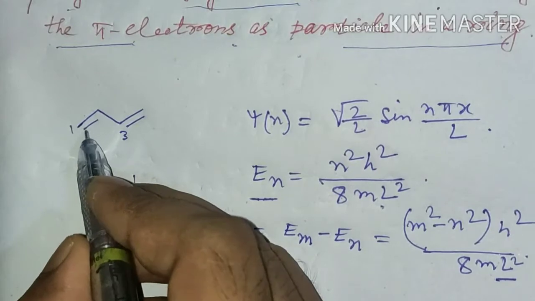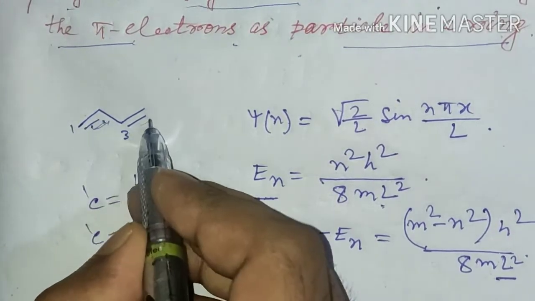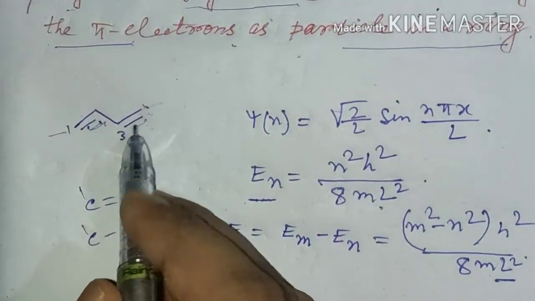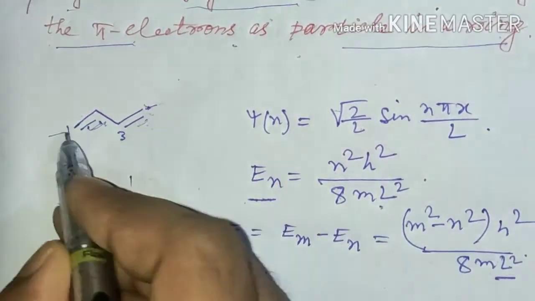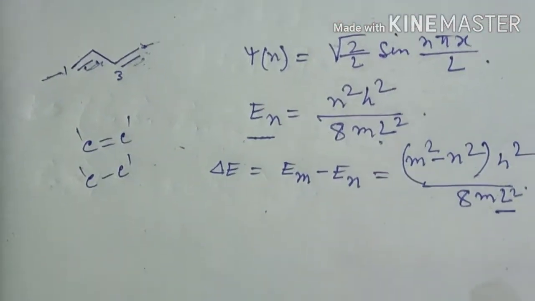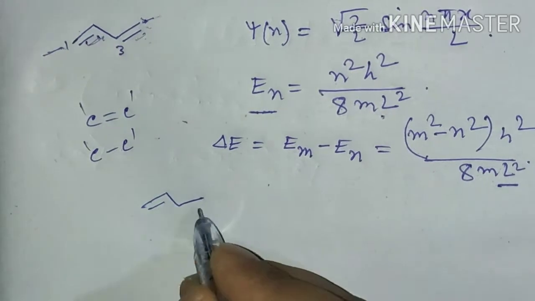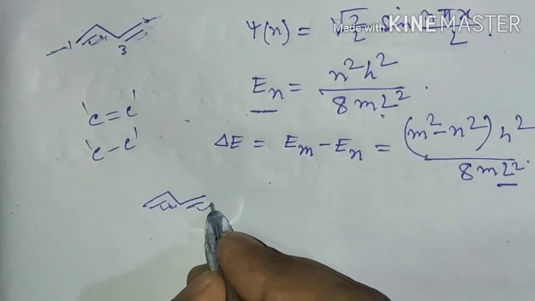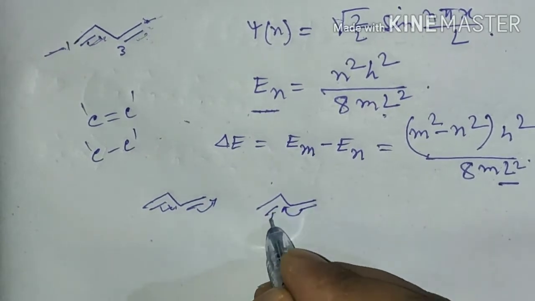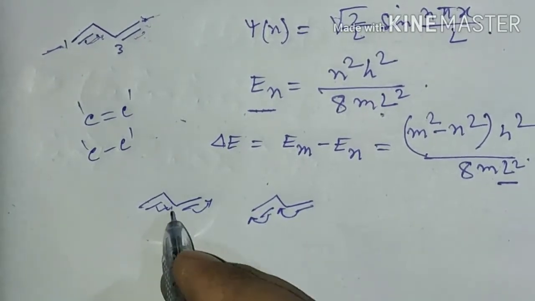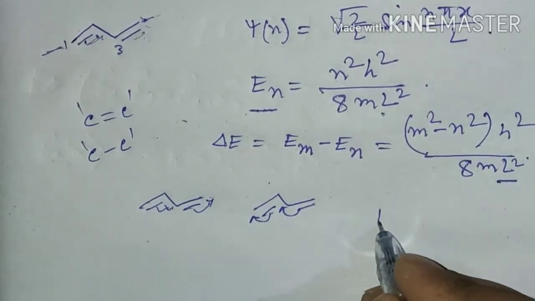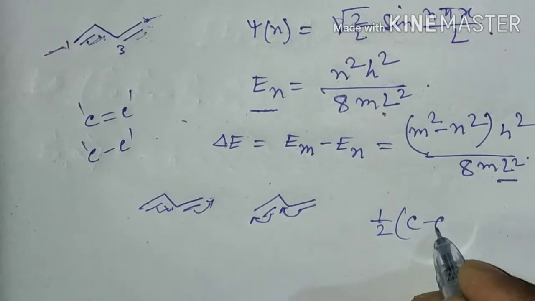Now, since the pi electrons are conjugated along this chain, the chain length will be extended on both sides to some extent, and it is observed that due to this conjugation, or similarly in the opposite direction, the chain length increases at both sides, that is equal to half of the CC single bond length.